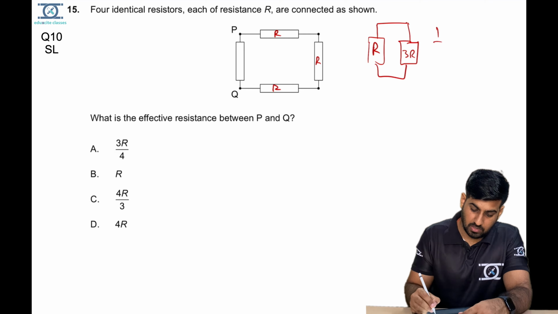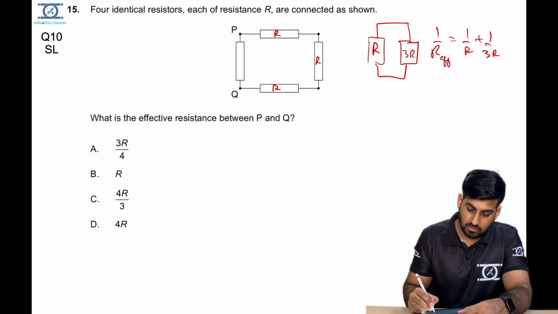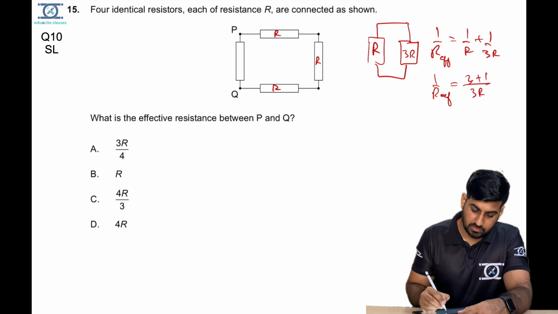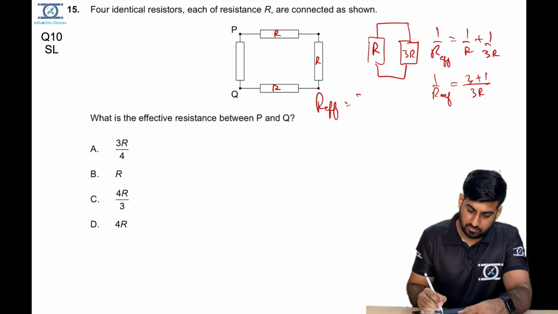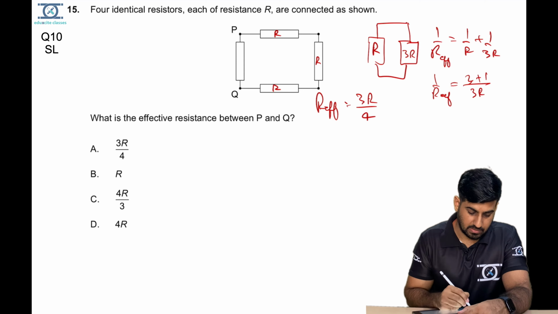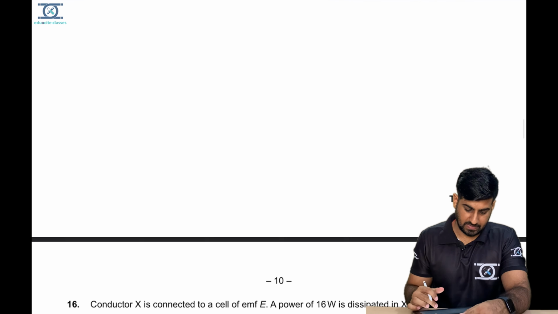So 1 upon R effective will be 1 upon R plus 1 upon 3R, which is 3 plus 1 over 3R. So R effective will be nothing but 3R upon 4. So option A is the right answer, a simple one.